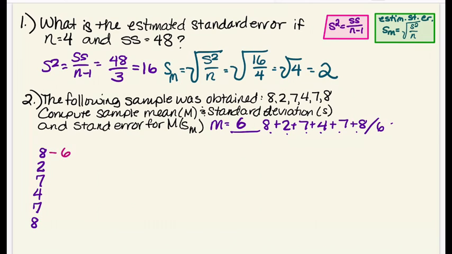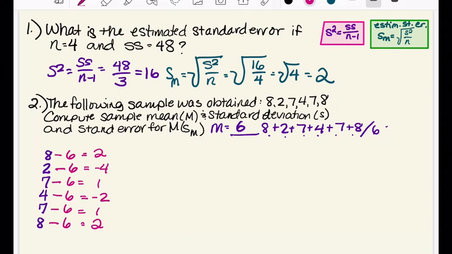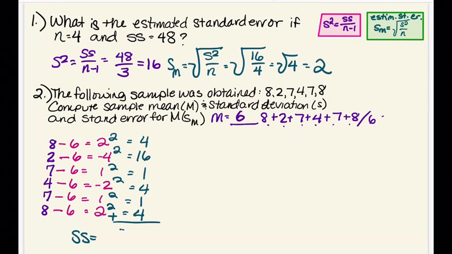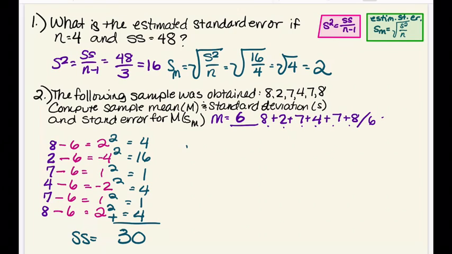Now we'll take each score and subtract our mean, which is 6. That's going to tell us how much of a deviation each score is from the mean. Then we're going to square each of these numbers and add them up. That will give us the sum of squared deviations, which is SS.